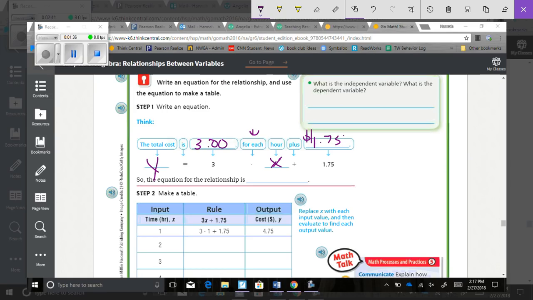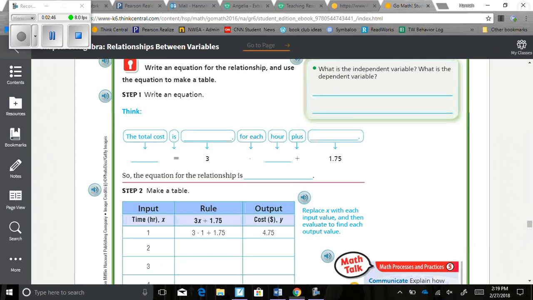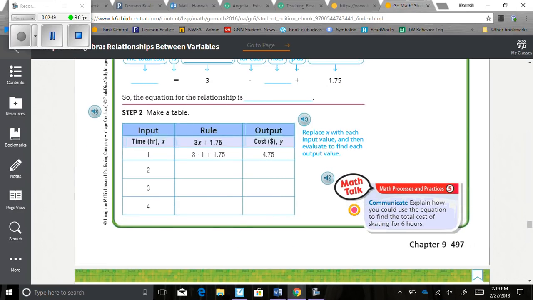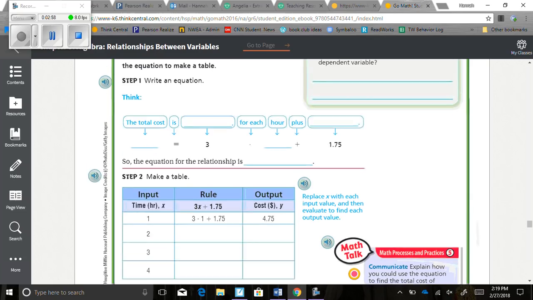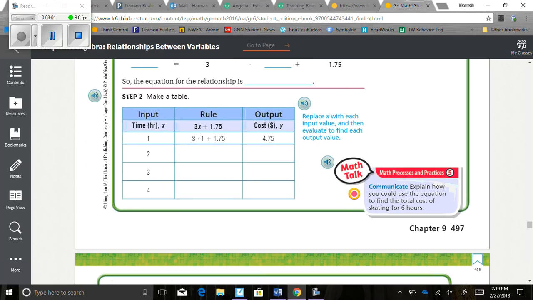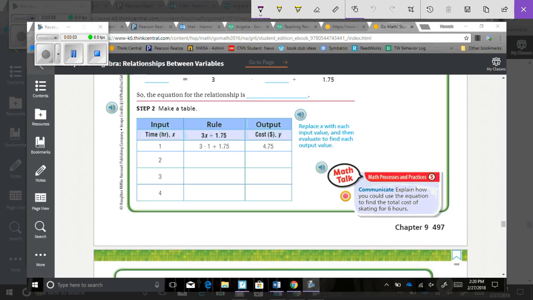So step 2 would be to make a table. I'm going to go ahead and scroll down. So step 2 is to make a table for that. Okay, try it again. There we go. We know that the input is our independent variable, and the value of the dependent variable is called the output.